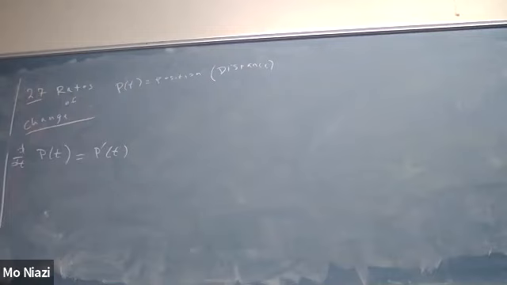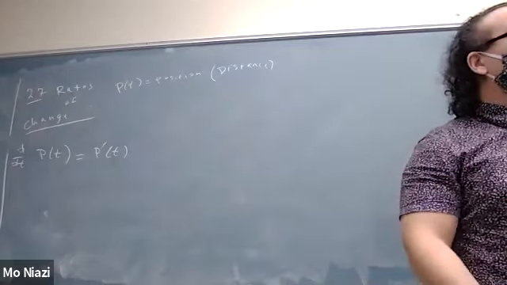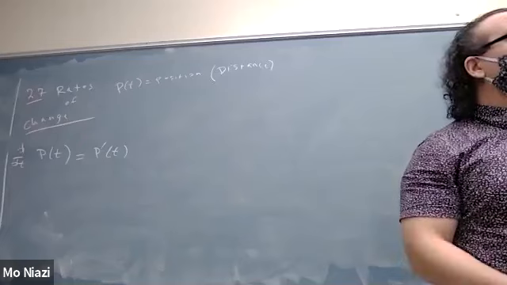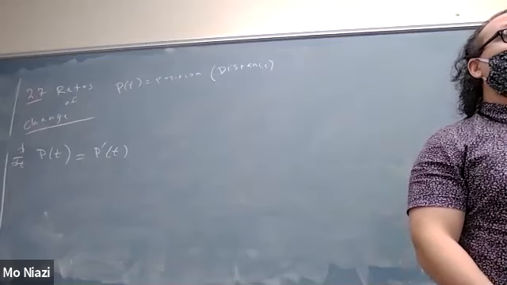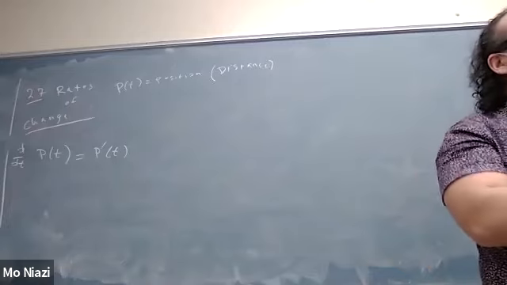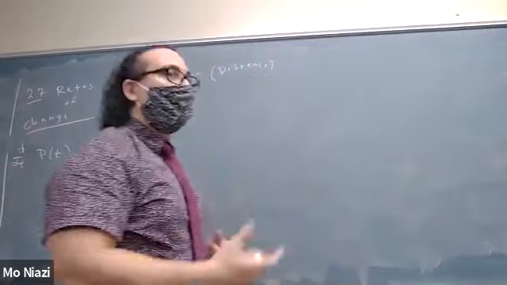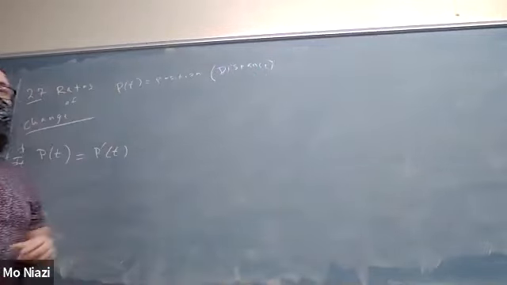So speed is 100 miles an hour. Velocity is 100 miles an hour due south. Associated with where you are going: 100 miles an hour is your speed, and where you are going is 100 miles per hour east. That becomes a velocity. That's the difference between velocity and speed.